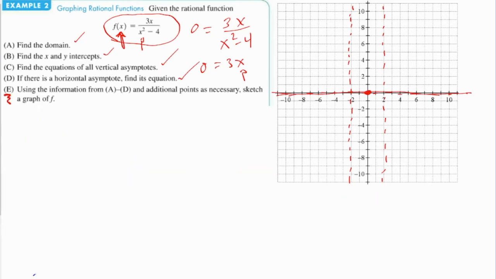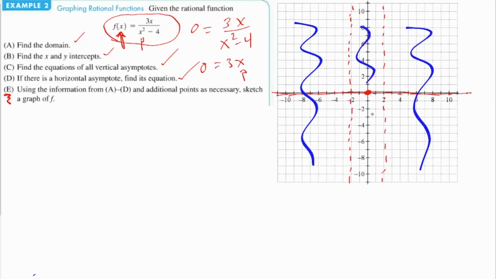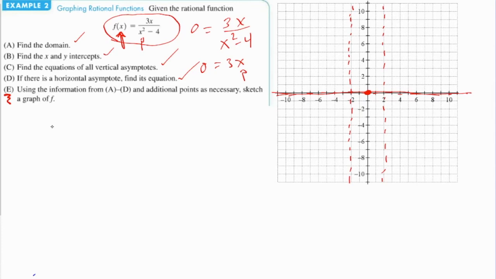So part E says using the information from parts A through D and additional points as necessary, sketch the graph of function f. So we only have one point, and that's 0, 0. We need to choose points from the left side of the asymptotes, from the right side of the asymptotes, and from in between. So let's construct a table from the left side of the asymptotes.